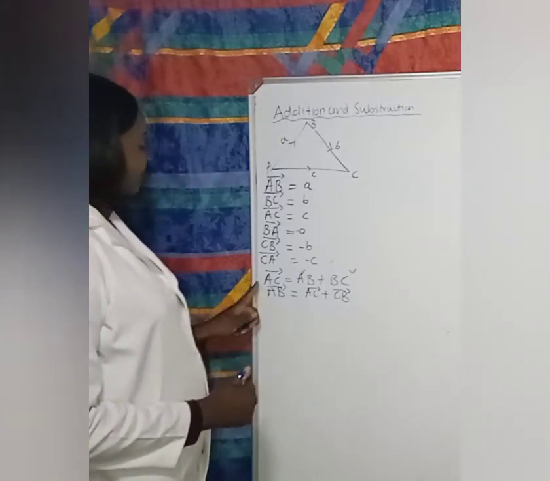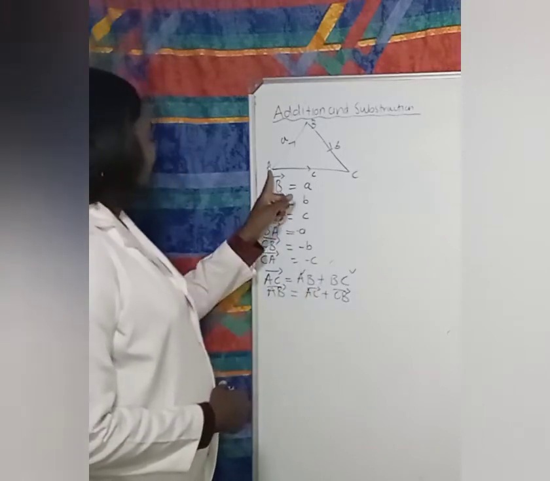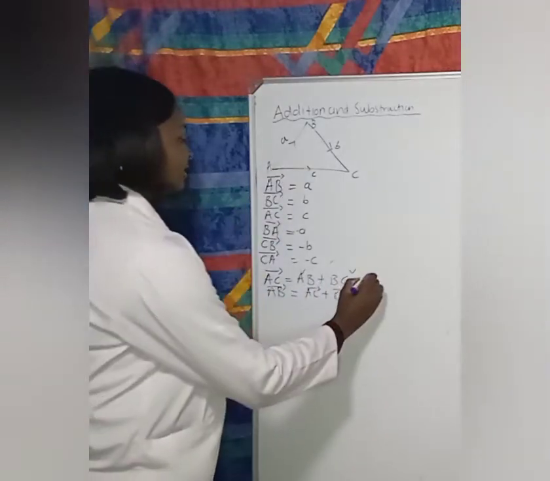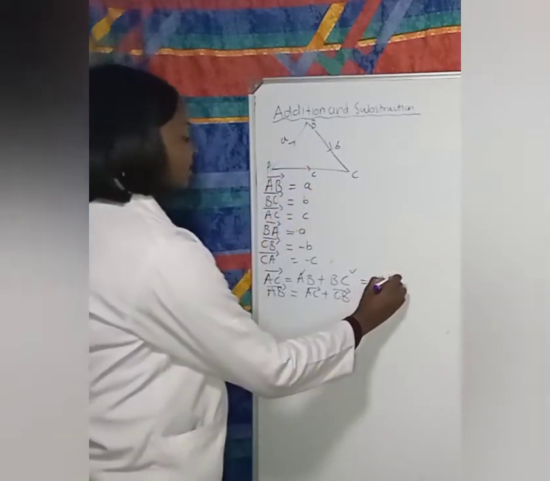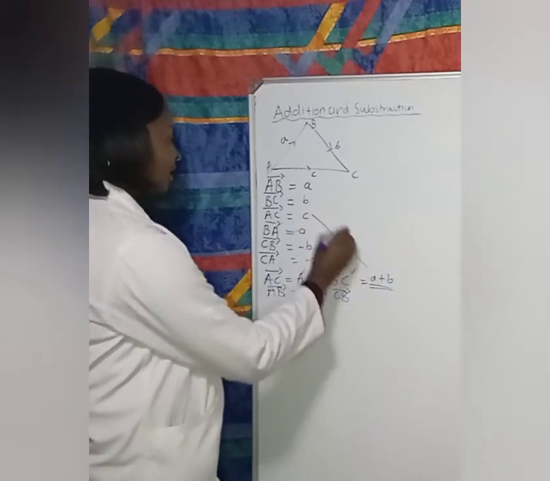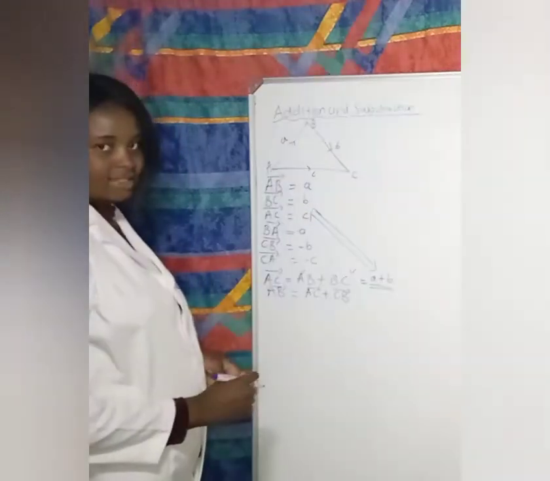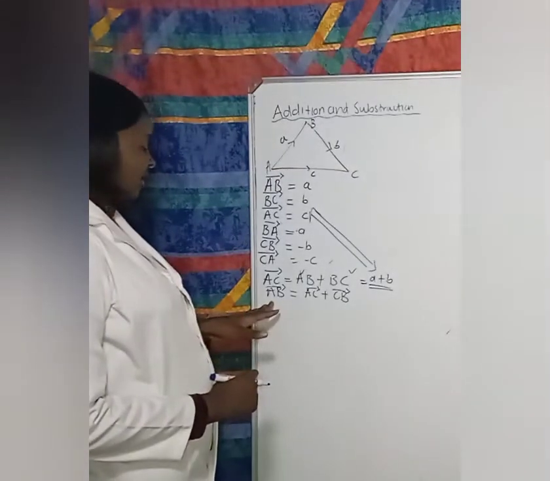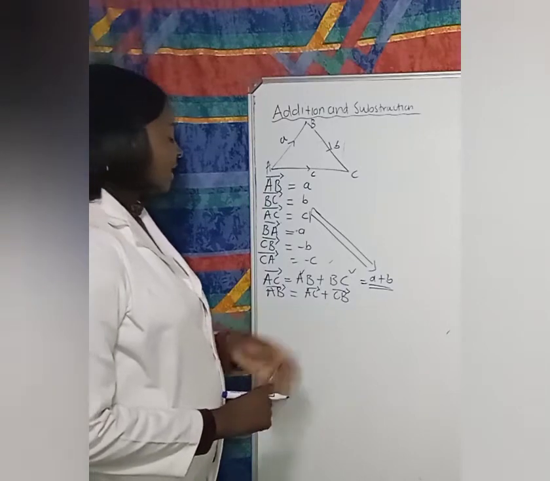So for vector AC, we said it's equal to vector AB plus BC. What is vector AB? It's just A. Plus, what is vector BC? It's B. So in other words, our C is equal to A plus B, like that, okay? What about vector AB? We say it's AC plus CB.